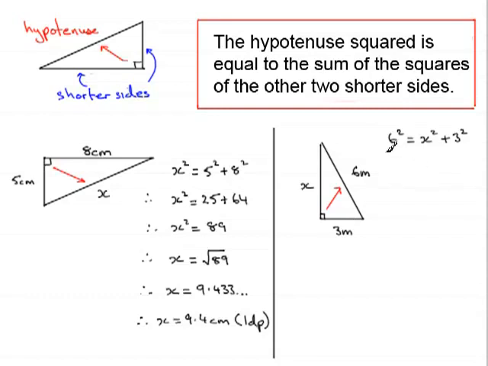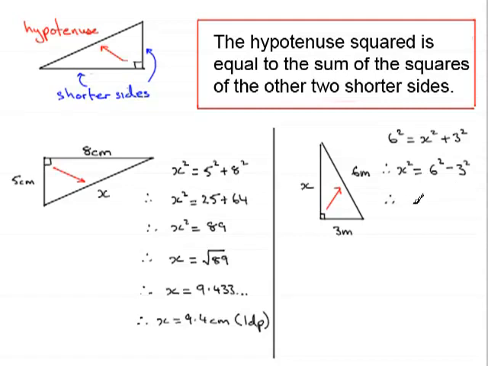All I need to do now is rearrange this equation, and to rearrange it I could subtract 3 squared from both sides. So x squared is equal to 6 squared minus 3 squared. In the previous example we had x squared equals 5 squared plus 8 squared when x was the hypotenuse, but when x was a shorter side, x squared turns out to be the hypotenuse squared minus the other shorter side squared.